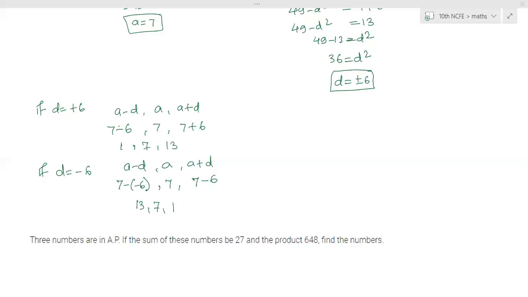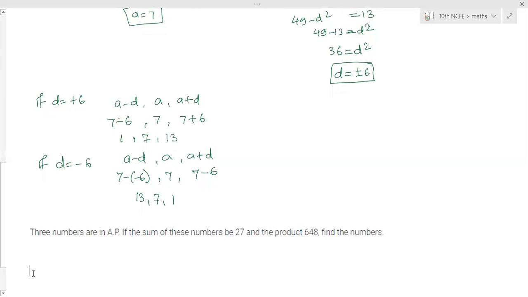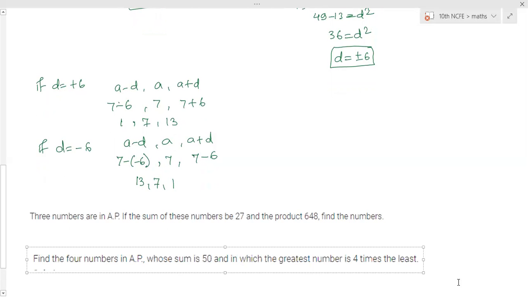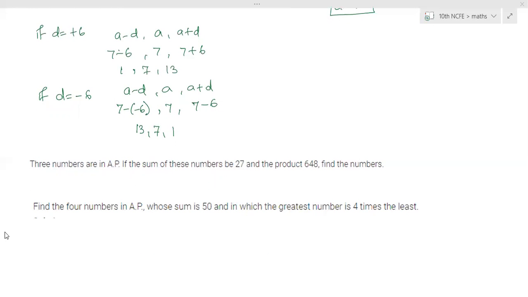Others are able to solve, or someone has a problem who is not able to solve? Is there anyone? Surya Vaibhav, have you solved the question?